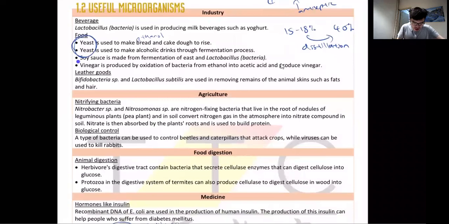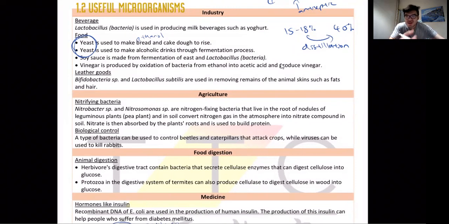Soy sauce is made from the fermentation of yeast and lactobacillus. We use yeast and lactobacillus to make soy sauce, ketchup. You see, they taste different from salt. Yes, they are both salty, but salt is that plain salty taste. Soy sauce has a little bit of sour and sweet and salty taste to it.